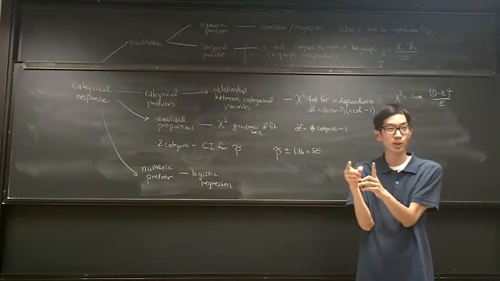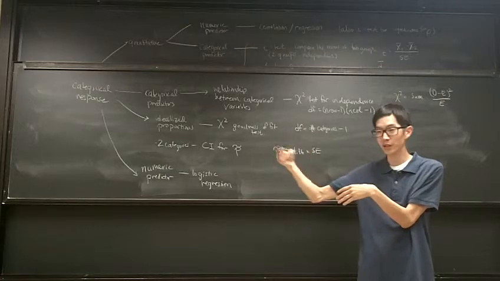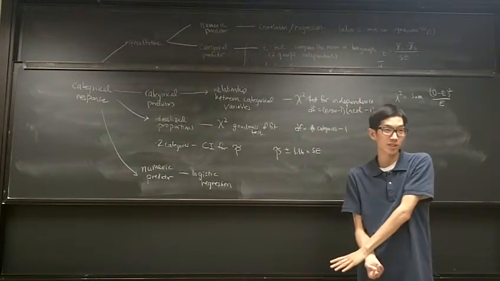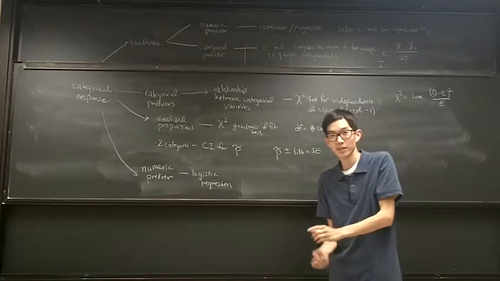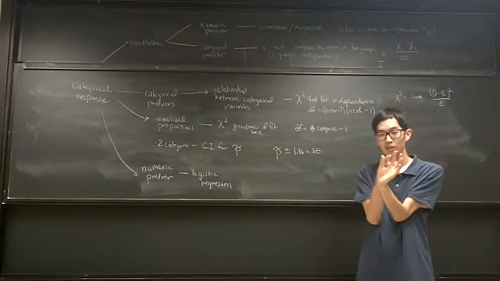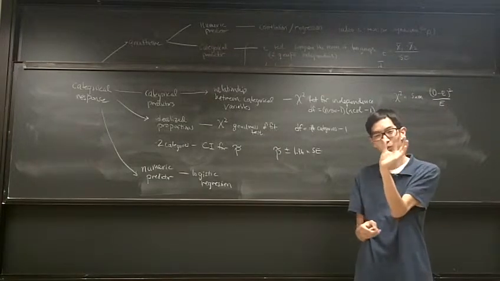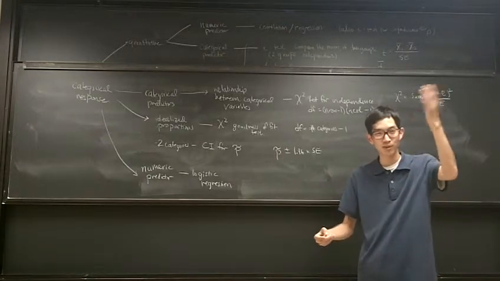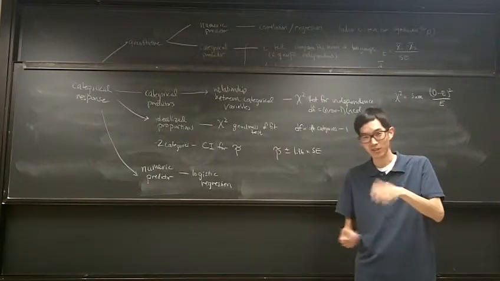That would be a numeric predictor, and the categorical response is: is this cancerous or not cancerous? Is it benign? They might look at the size, trying to use just the width of the tumor as a predictor. They're saying, do we need to go through with surgery or not? Is this dangerous or not?